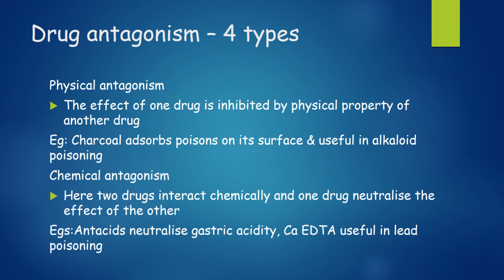In our gastric mucosa, HCl is produced. So, when we give antacids, they inhibit the action of our gastric secretions by chemical activity. Again, calcium EDTA in lead poisoning forms complexes and the effect is reduced by its chemical activity. That is chemical antagonism.